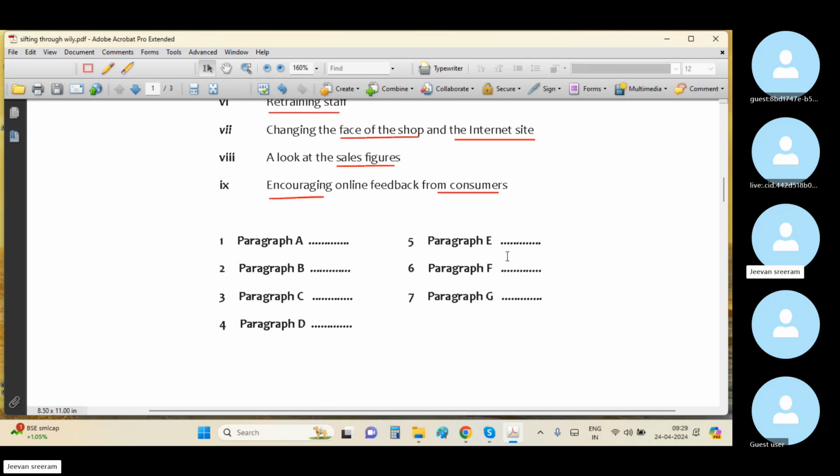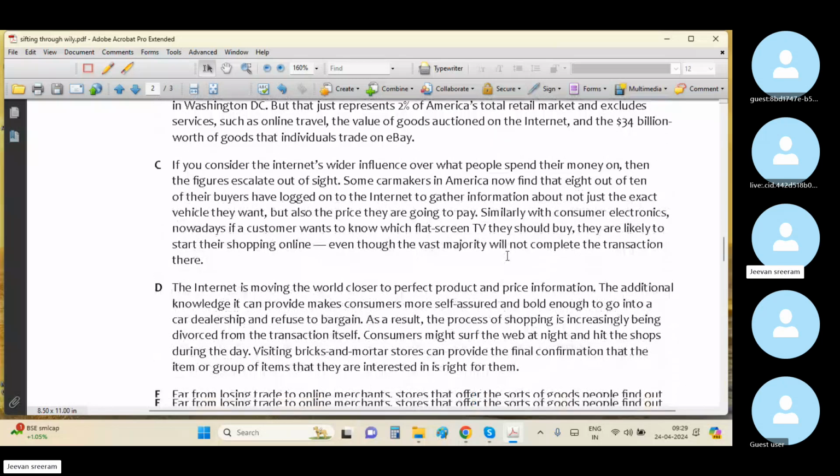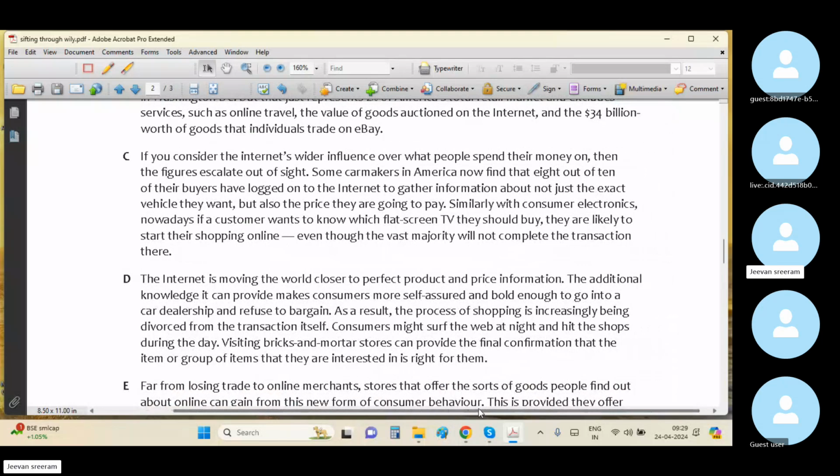Increasing customer confidence. You could see the meaning in the paragraph D. Where is it? Consumers more self-assured and bold enough.